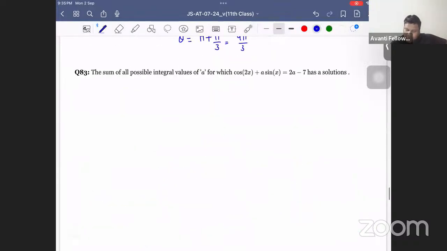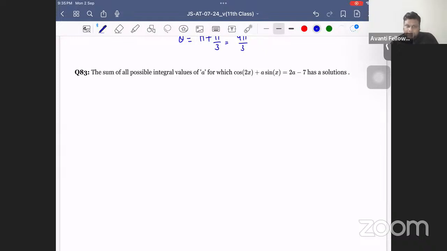The sum of all possible integral values of a for which this equation has a solution. All right. So, sum of all possible integral values of a for which this equation has a solution. So, let's do it.